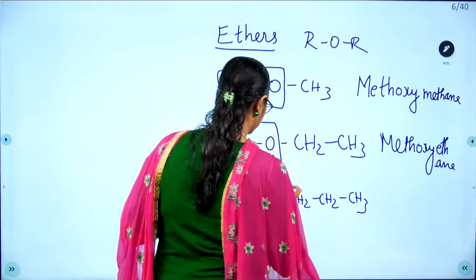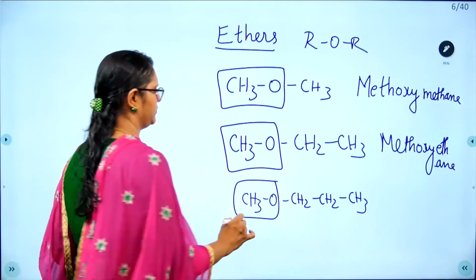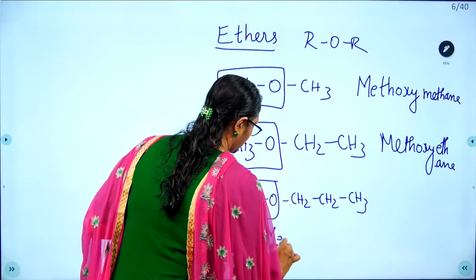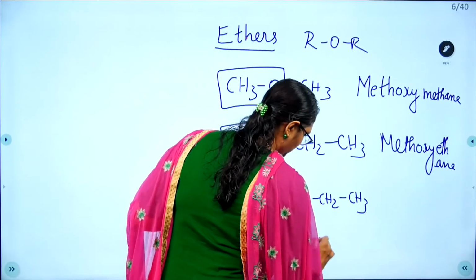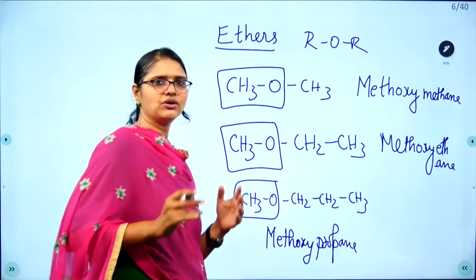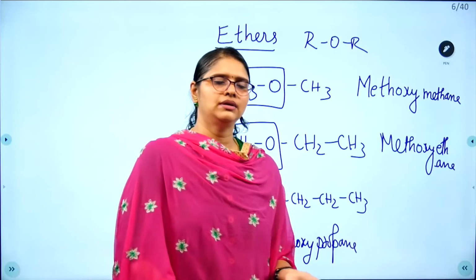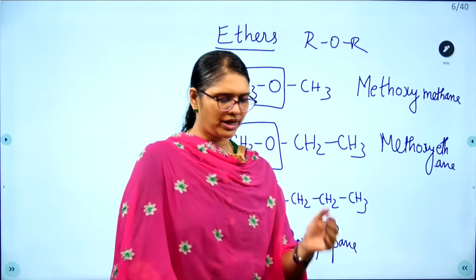How will you name this? Methoxypropane, right? Methoxy, and the longest carbon chain is 3, so propane. It is methoxypropane.